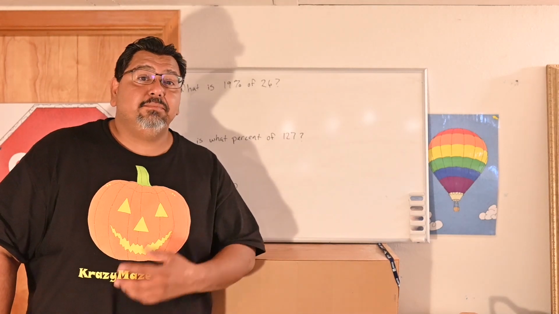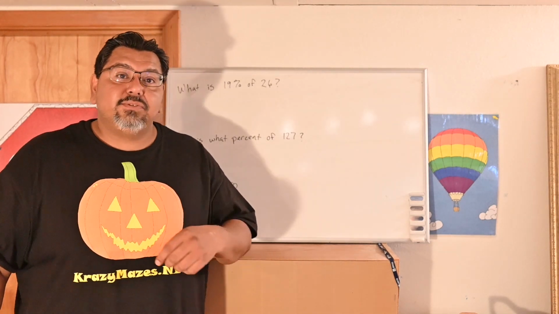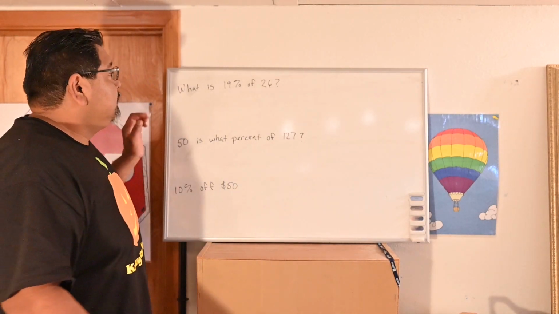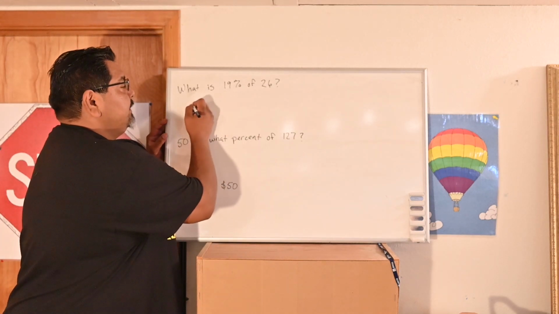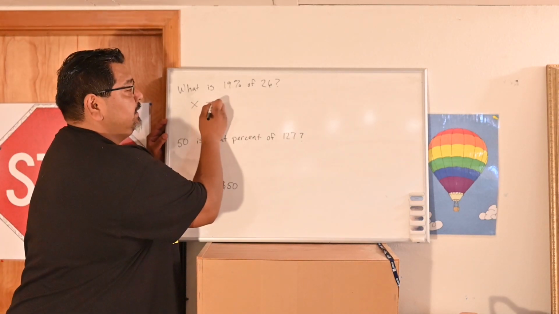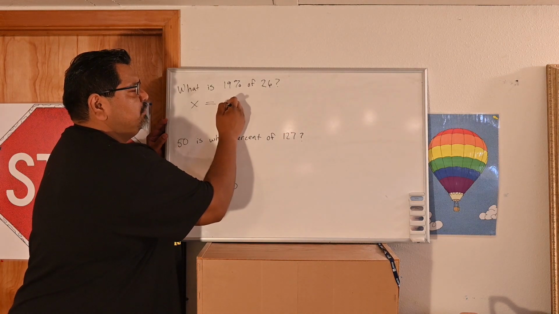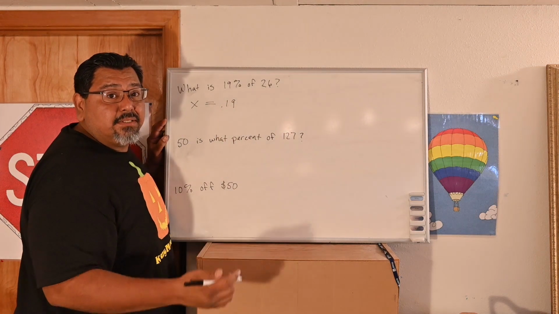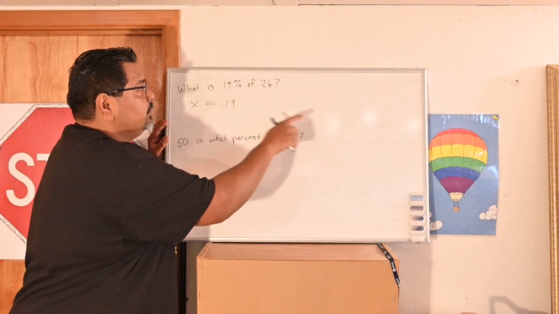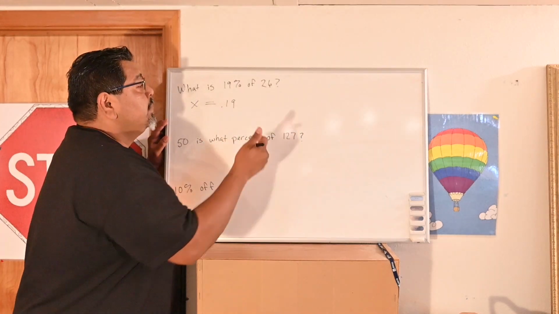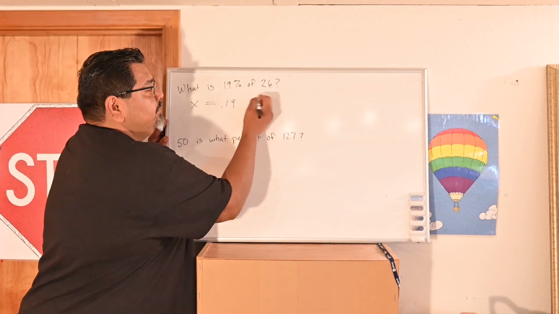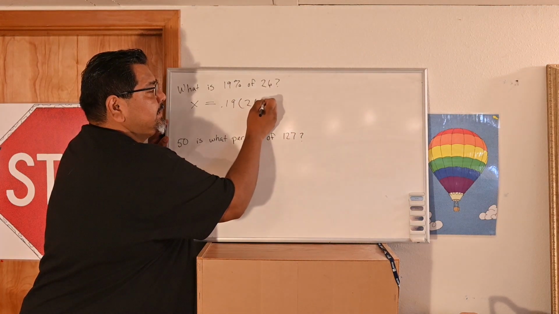Okay, so here we have some problems that are using those words that we were just talking about. So again, what, there's your X, is equals 19%. We can easily put that in decimal form because that's the easiest way to multiply something out or add something. But 0.19 of, multiply, 26.